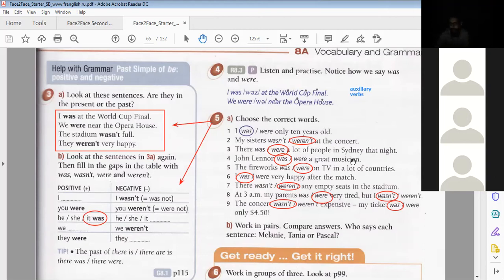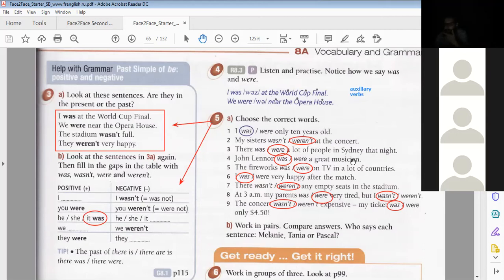Okay. Number 5. The fireworks were on TV in a lot of countries. Tanya, yes. Because she was speaking about New Year's Eve, correct? Yes. And number 6, I was very happy after the match. Pascal. Correct. Number 7, there weren't any empty seats in the stadium.